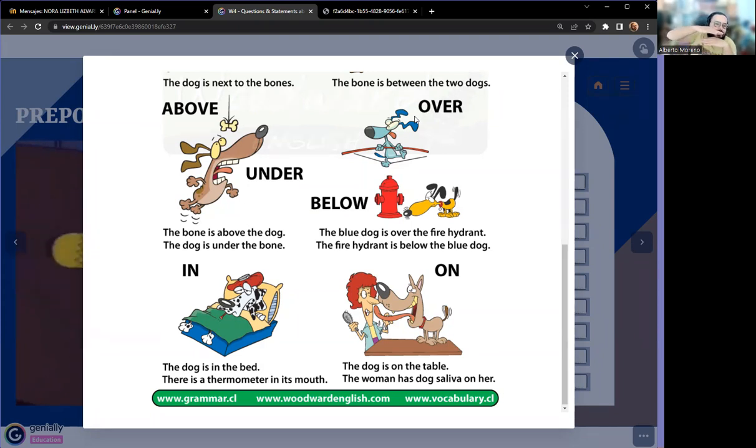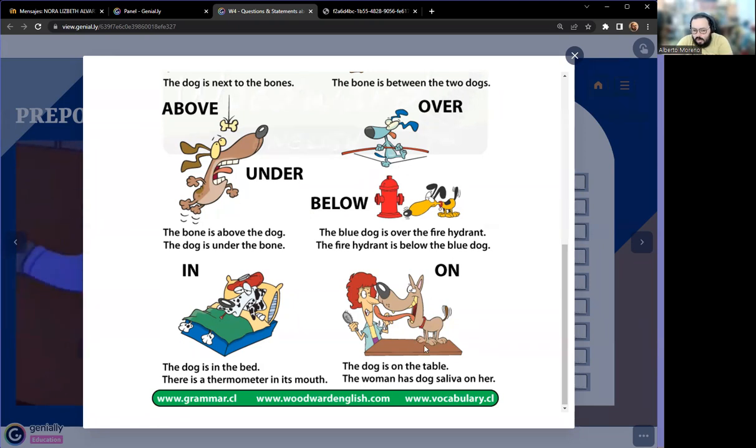Over o above es que no se tocan. Están por sobre o arriba, sin tocarlo, del otro objeto, como por ejemplo aquí. Si se da cuenta, no está tocando el hidrante, solo está sobre, arriba del hidrante.